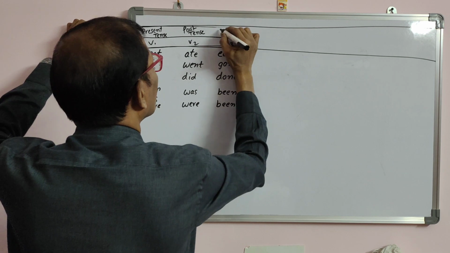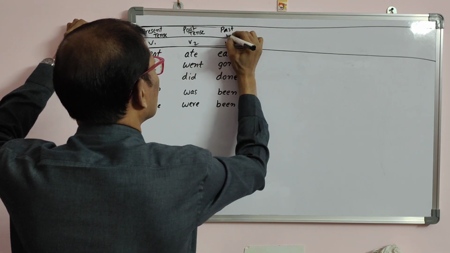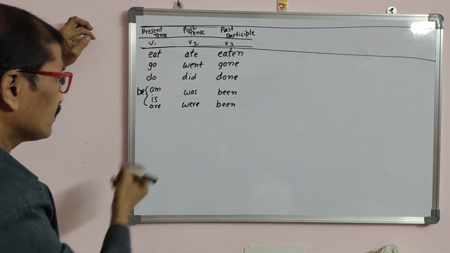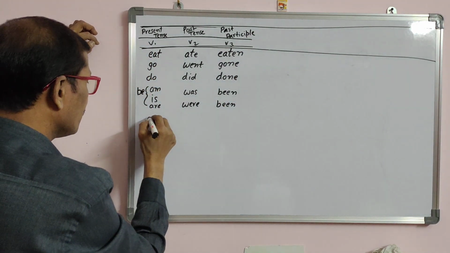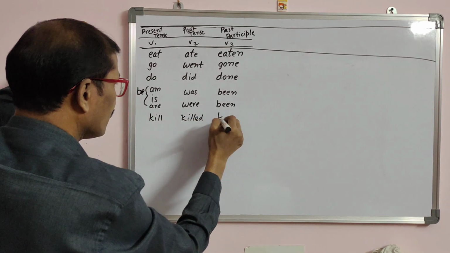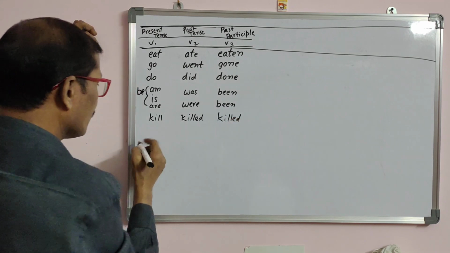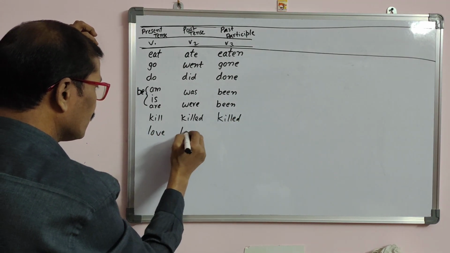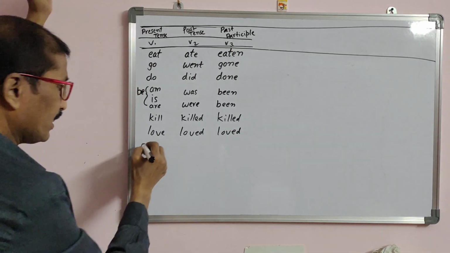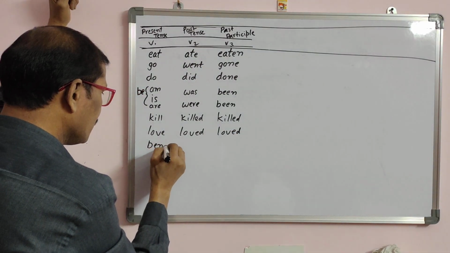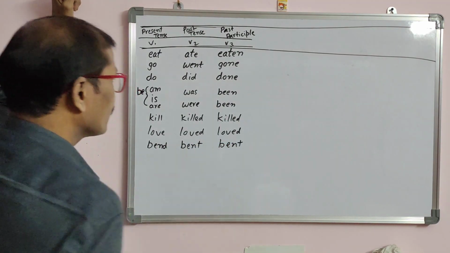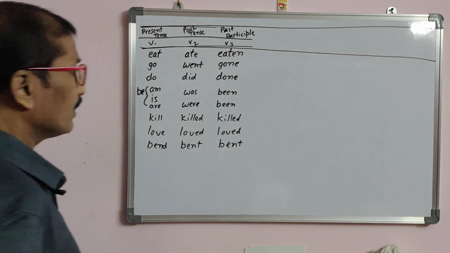It is past participle. Of course, I write some more examples here. Kill, killed, killed. Love, loved, loved. Bend, bent, bent. Okay, all right.